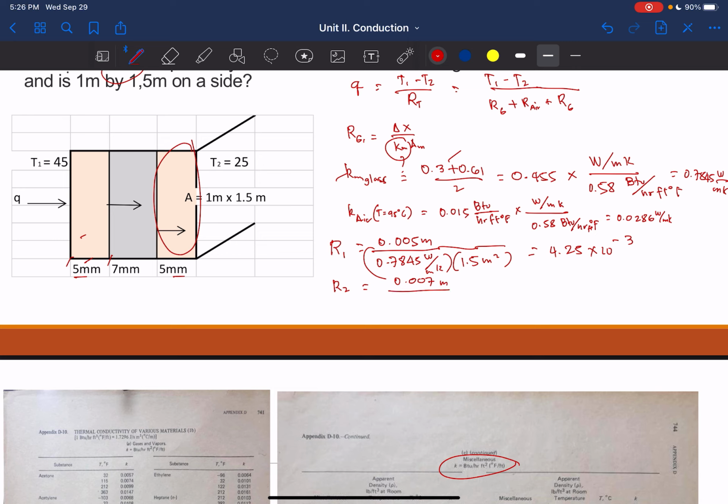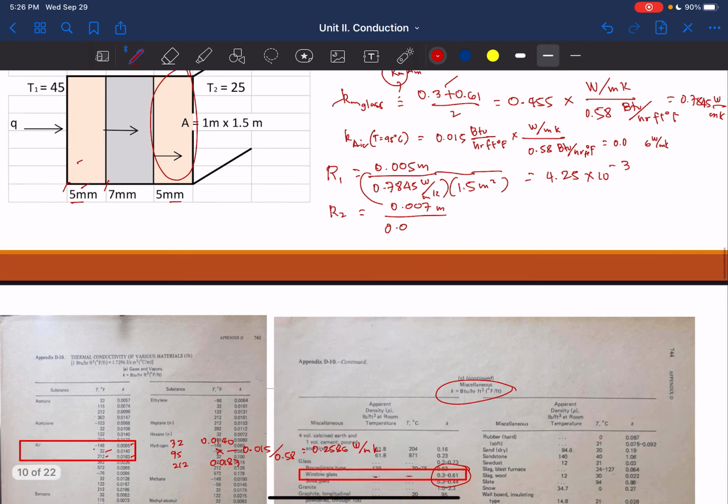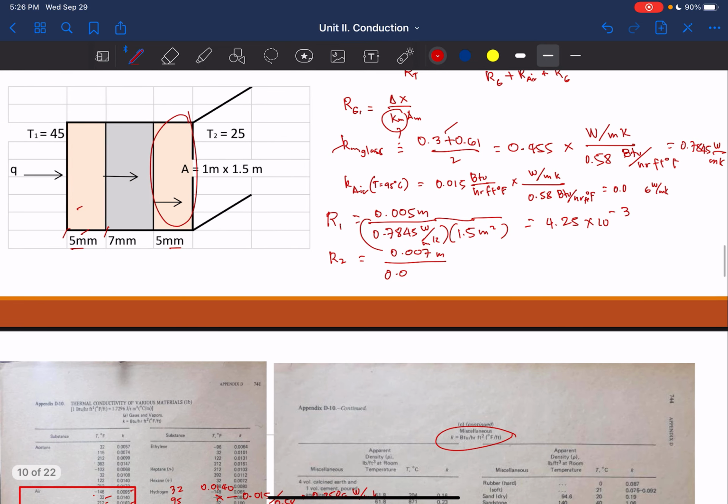All over the Km, 0.02586 watt per meter Kelvin multiplied by an area of 1.5 meter squared.